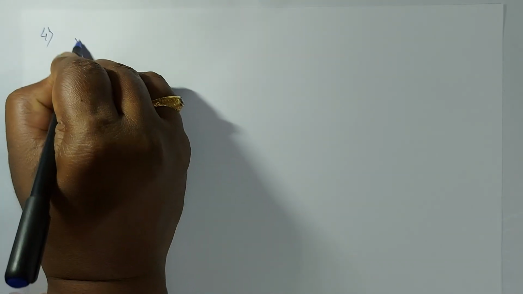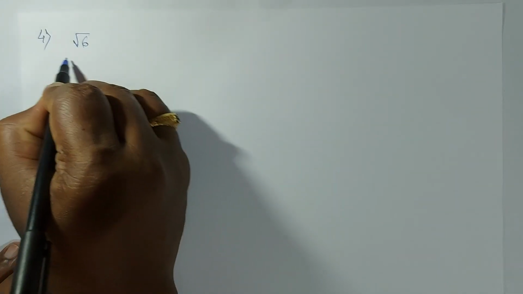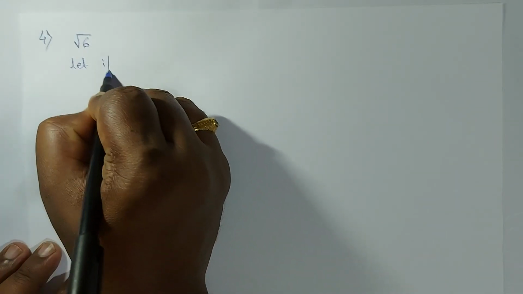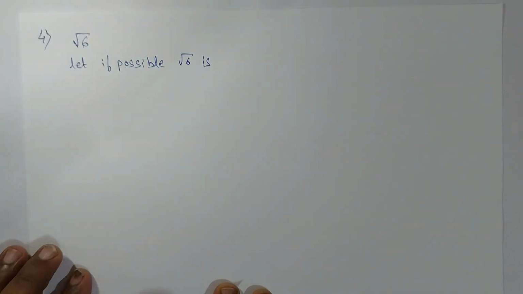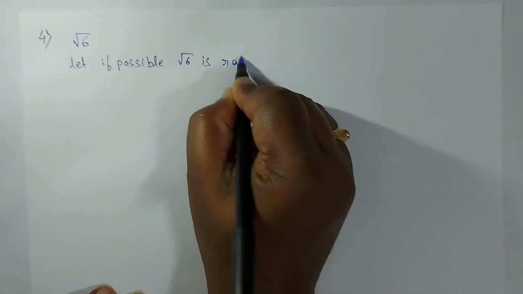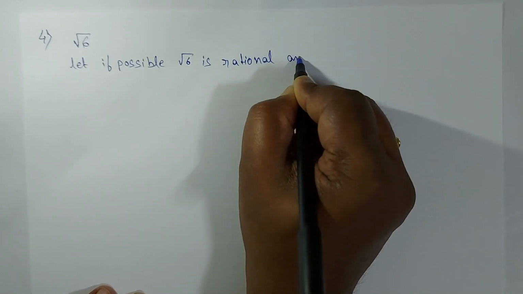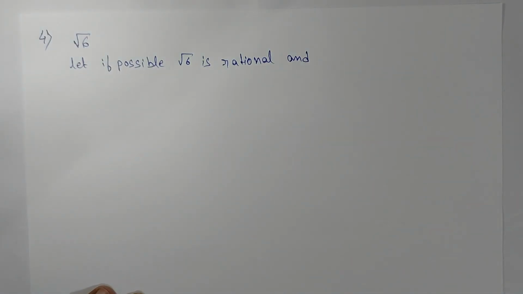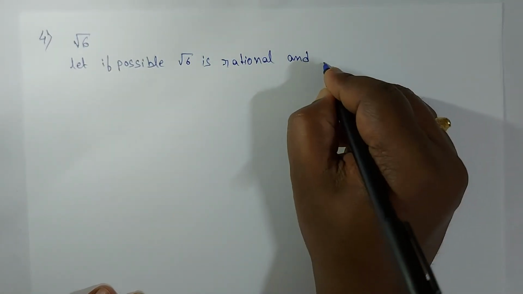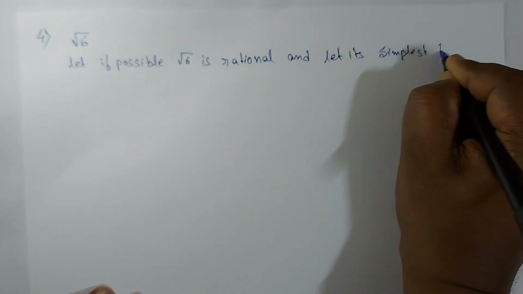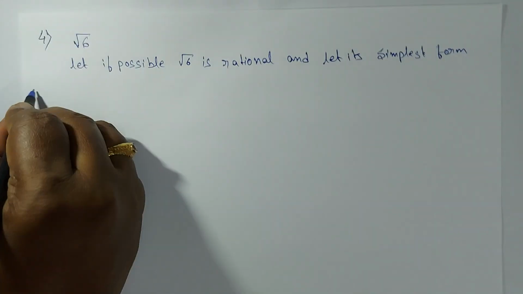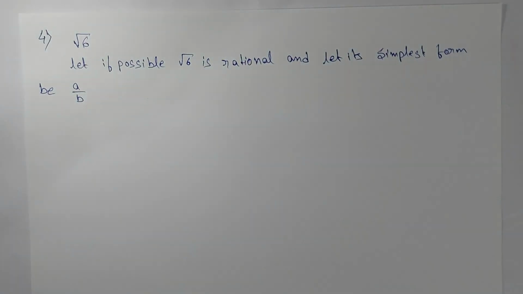Prove that root 6 is an irrational number. Let, if possible, root 6 be rational, and let its simplest form be a by b.